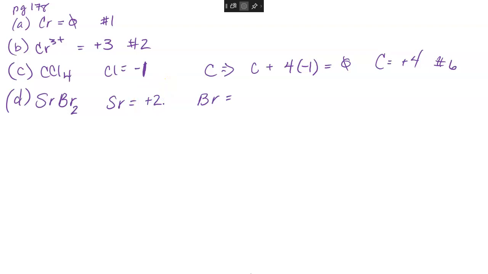What is bromine's? No. It's in a compound. It is not by itself. -1. We are using rule number 3 from the previous slide to do that. The rules might be in a different order if you look at different things because a couple of them flip around.